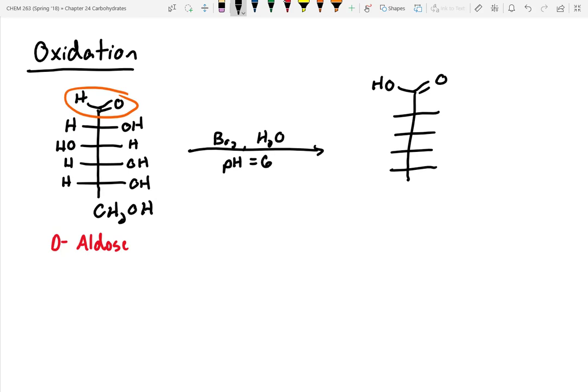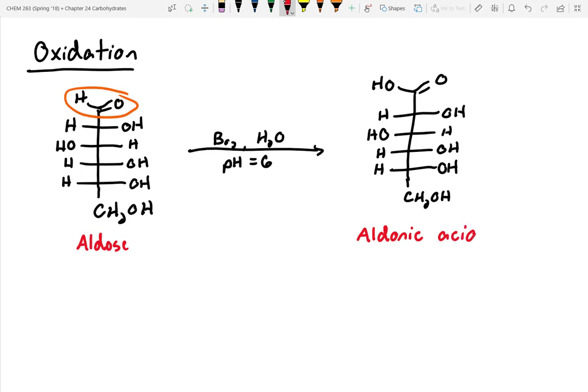Everything else is going to stay put. And so we started with an aldose. The product that we get out has a carboxylic acid, so this is called an aldonic acid. So we're going to convert only that functional group.